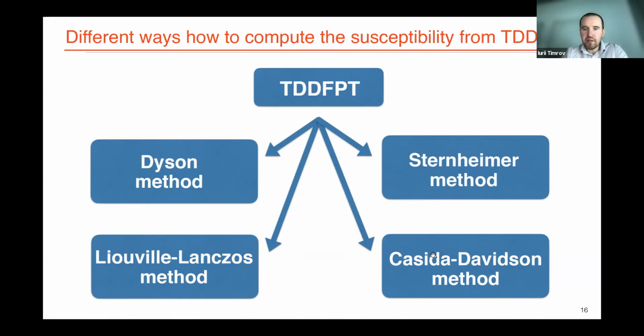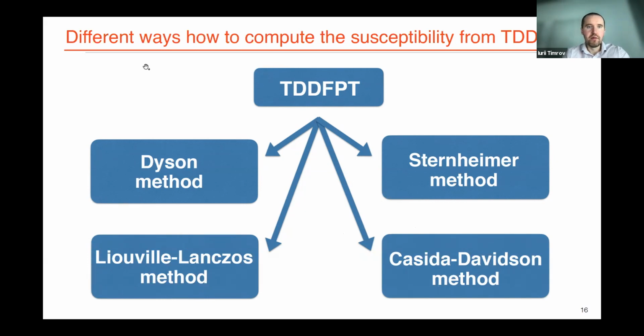In the second part, we will study solids instead of molecules. So we study solids and we study a different spectroscopy, which is electron energy loss. And we will do that using two methods. First one is Liouville-Lanczos again. So this is very powerful, can be used for molecules, solids, and different spectroscopies. And the second one, the Sternheimer method, which was not discussed by Oscar so far.